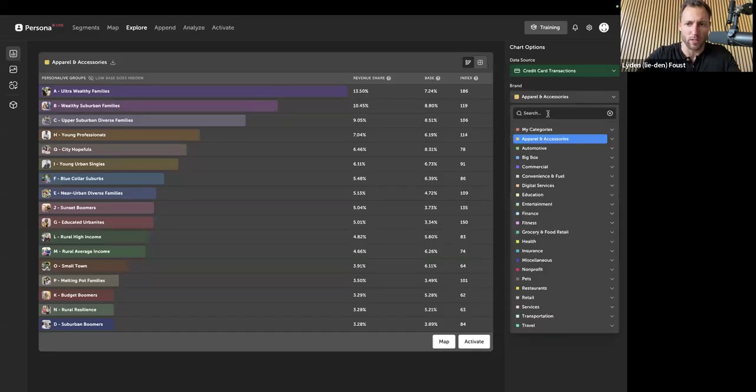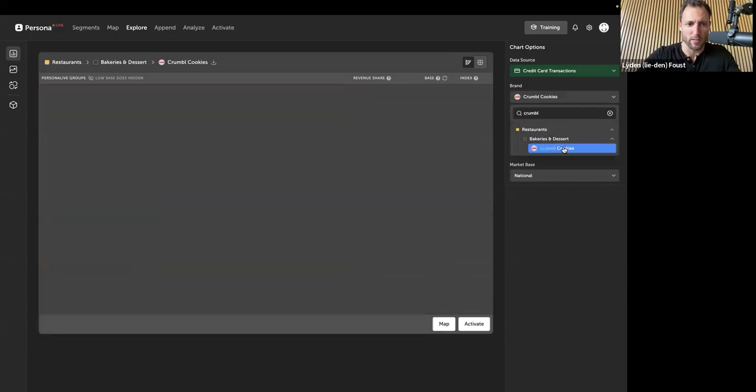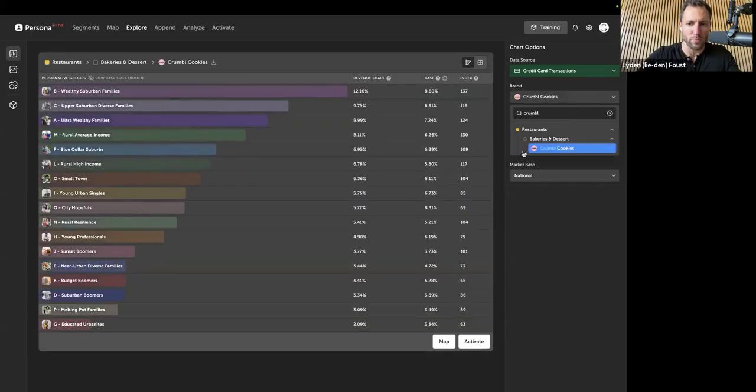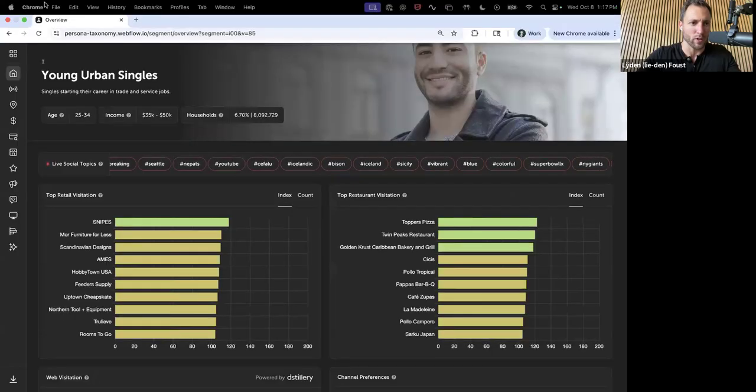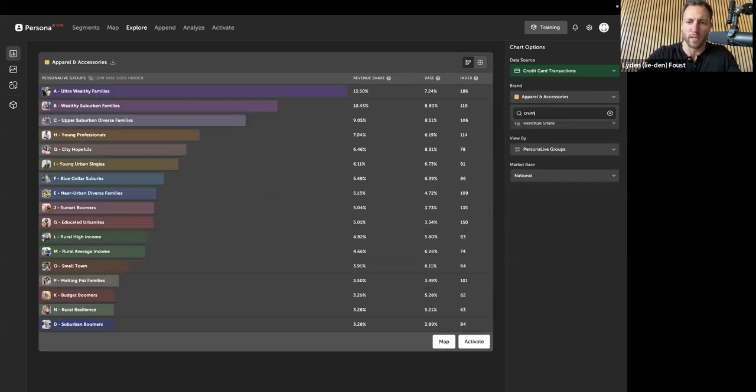I'm going to look at their credit card transactions here. So I'm going to type in Crumbl, and I'm going to get Crumbl cookies. And now I can see their distribution of sales using credit card data across Crumbl's national portfolio here. So 12% of all Crumbl's customers come from this. All right, click one of those segments here. Let me put this back here.